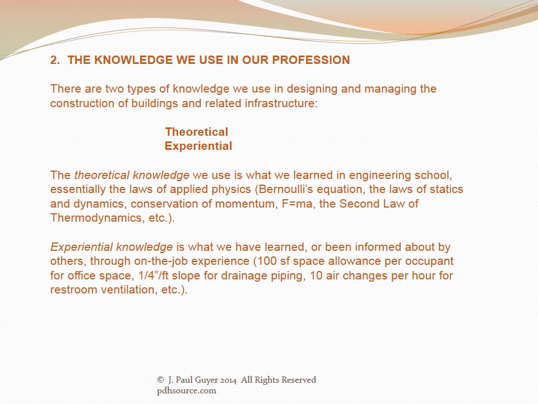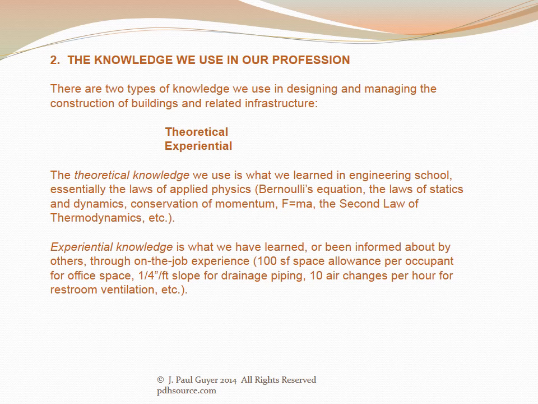First, a little bit about the knowledge we use in our engineering profession. There are two types of knowledge we use in designing and managing the construction of buildings and related infrastructure: theoretical and experiential. The theoretical knowledge we use is what we learned in engineering school, essentially the laws of applied physics.